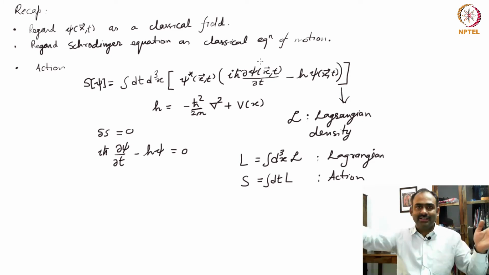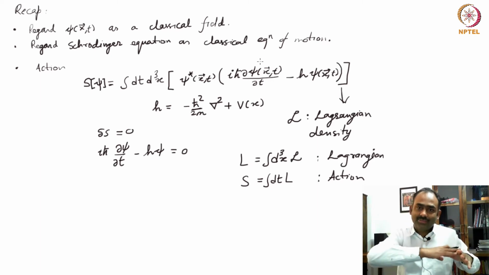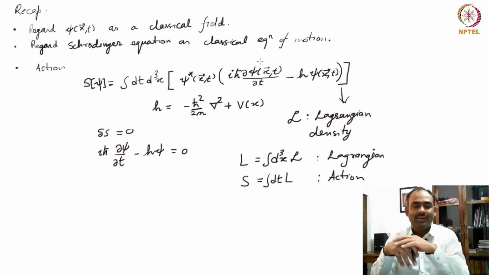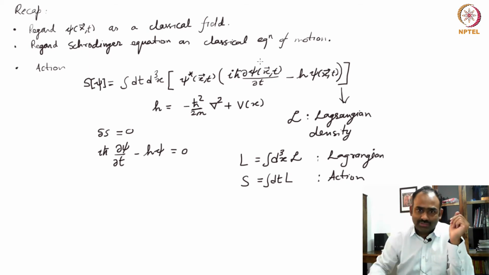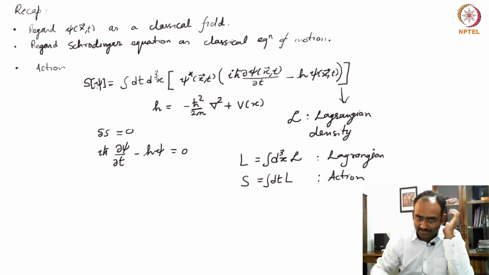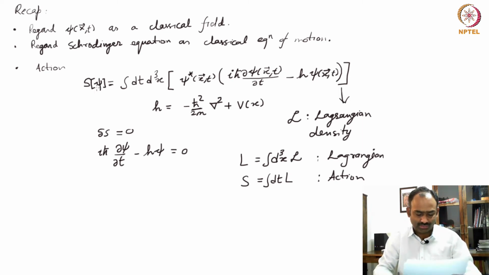If this changes, you get a different value of the action. So the action S is a functional of psi. We'll come back to functionals in more detail later, but for now we make this note.